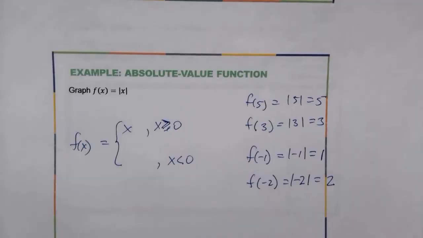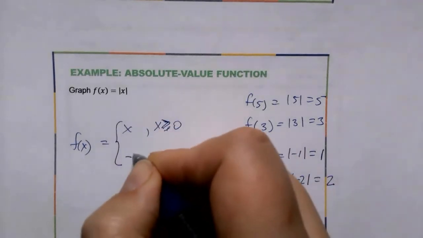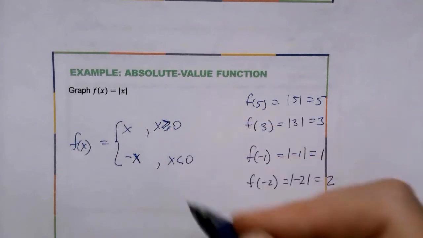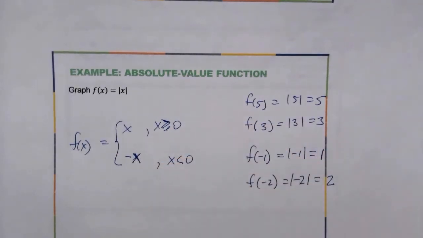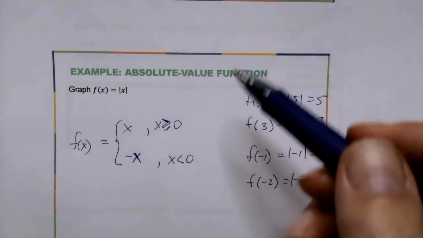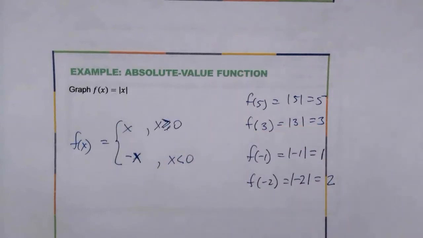So it's actually the opposite: your output is the opposite of the input. That's negative x, the opposite of x, for when x is less than 0. So this is how you define an absolute value function. What does the graph look like?